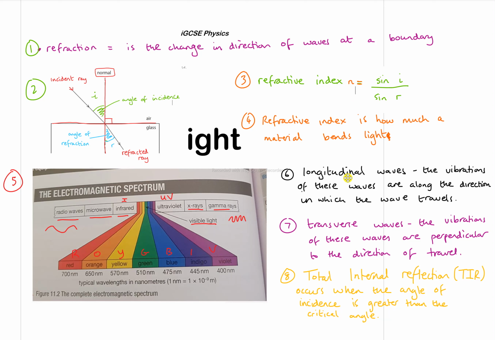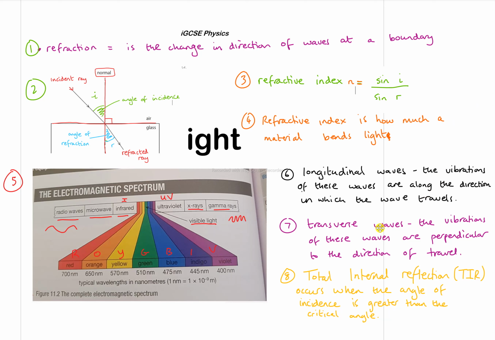Right, what are the two types of wave? A longitudinal wave and a transverse wave. In a longitudinal wave, the particles vibrate along the direction of travel. So if the particles are vibrating that way and the wave is traveling that way, it's a longitudinal wave.